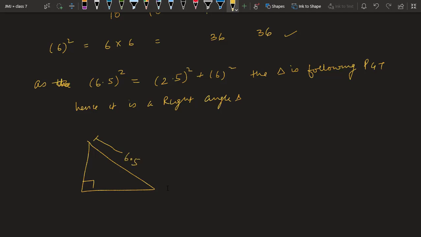Let us take it as 6.5 and take the other two sides of any measurement. Let me take it as 6 and this as 2.5. We can say this angle is 90 degree, or the angle between 2.5 and 6. If I name them as A, B, C, we can say angle B is equal to 90 degree. The main thing is hypotenuse is fixed. It is always the longest side.